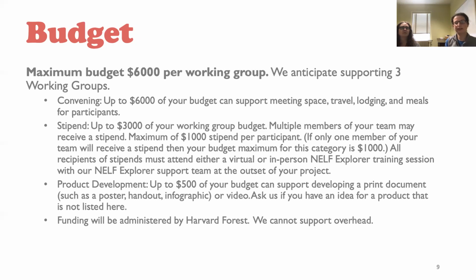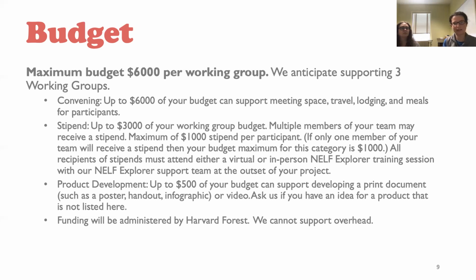A key thing about this funding is that it'll be administered by Harvard Forest. So we can't support overhead, and the way the funding will work is that we will pay the costs directly to vendors, or in the case of the stipend, we'll pay the cost directly to the stipend recipients, or we can reimburse you if you'd prefer to do it that way, but we won't advance the money.